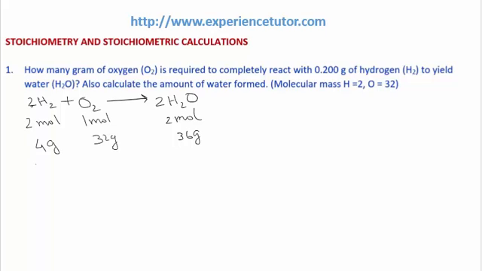So we can write it in this way: 4 gram of H2 requires oxygen equal to 32 gram.